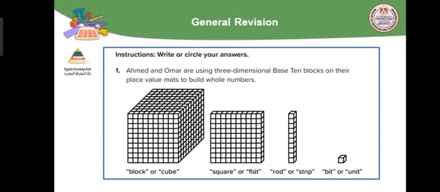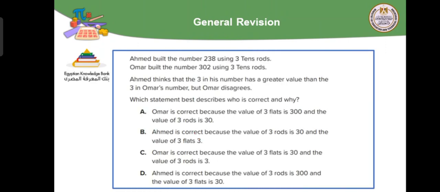But what about this question? Okay, look. Ahmed built the number 238 using 3 tens rods. Yes, you remembered the word rod? Okay. Omar built the number 302 using 3 tens rods also.